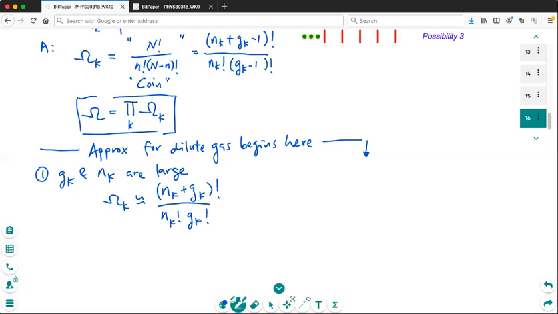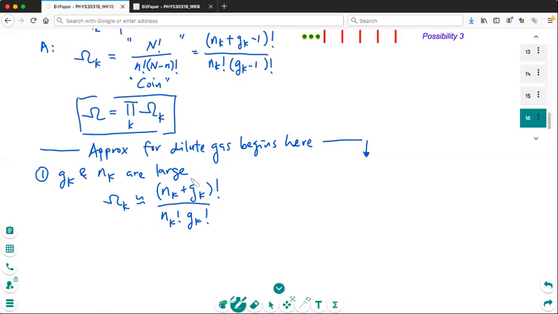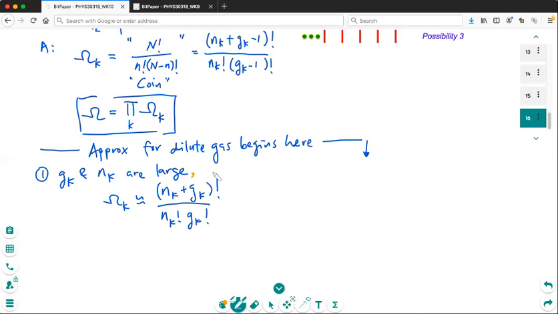Okay, this is the first thing, with better contrast using a different color. And the second thing, dilute gas. What do I have? For the dilute gas, we have a lot more states compared with the number of particles.